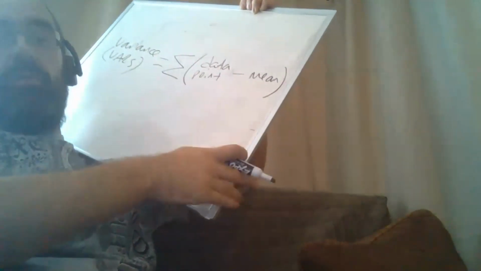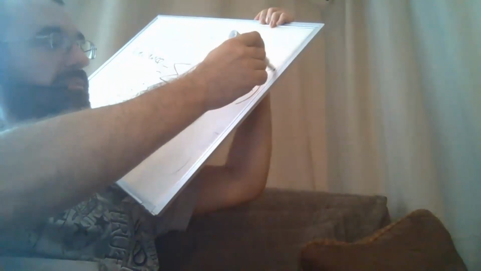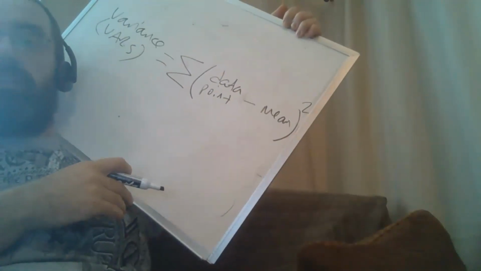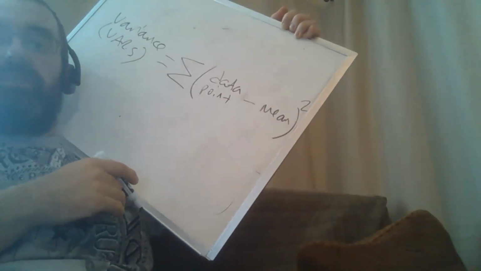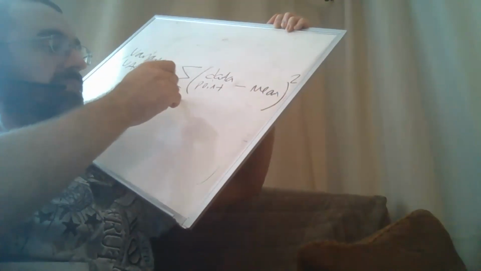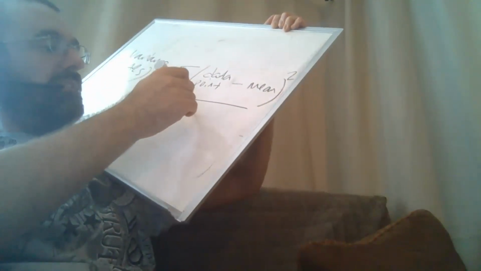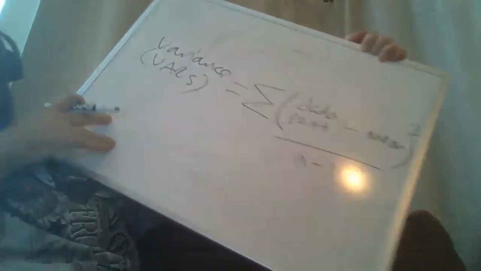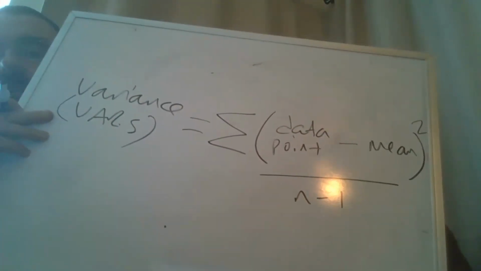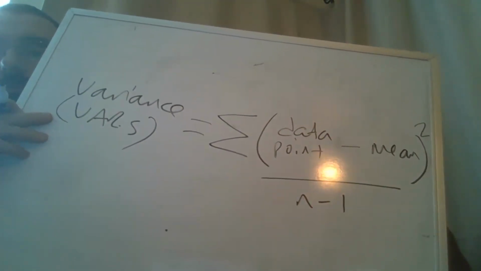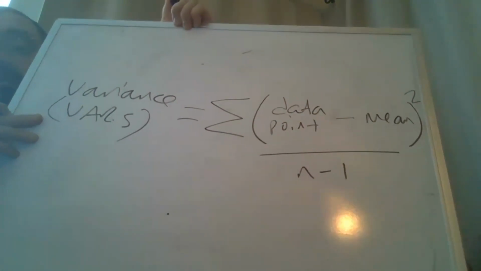And then because we don't want negatives, you square that, right? So you sum all those up together and divide by n minus 1. And that's really all variance is.